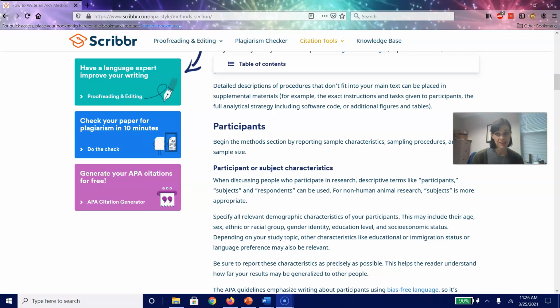We do not necessarily need to do that here because we are not looking at race or ethnicity as a potential variable or factor of interest. We can include things like age if we record that data. Education level will matter less because everybody is in college. So one thing that you will mention, depending on your study topic, is characteristics like education, immigration status, language preference, or language ability might be important.